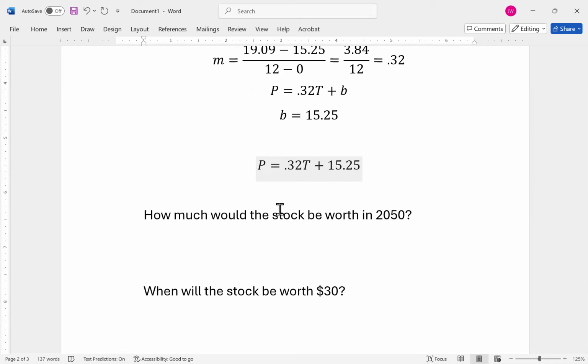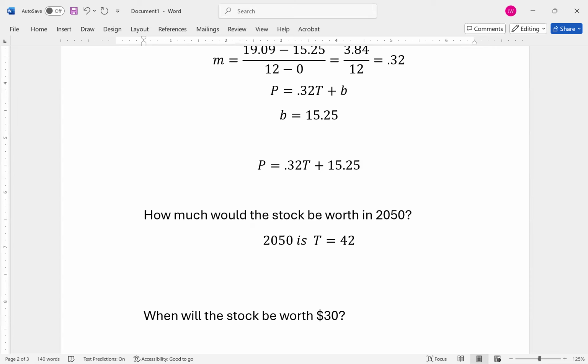Once we have that equation, then we can use it to answer the other 2 questions. How much would the stock be worth in 2050? Well, 2050 is a t-value of 50 minus 8 is 42, so it's a t-value of 42. 42 years after 2008.